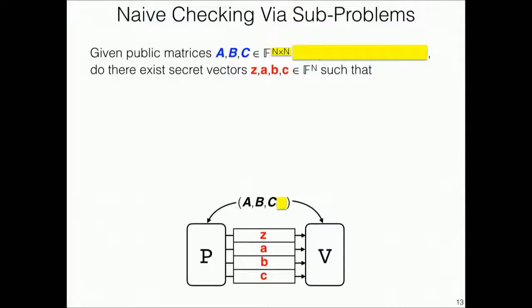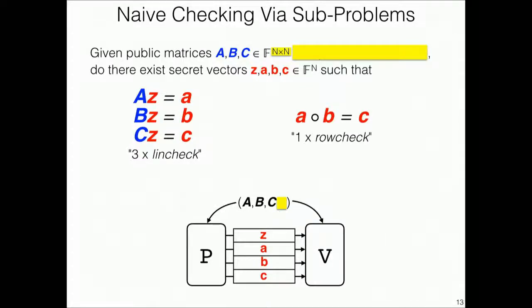Okay, let's try to make the problem simpler. Instead of thinking R1CS, let's think about various subproblems, each of which is simpler. Maybe we can solve each of these subproblems with a subprotocol that will let me communicate less information. So what if I were to send you, instead of just Z, also A, B, and C, and then you, as a verifier, check that A, B, and C are the correct linear transformations of Z, and that, given that they are the correct linear transformations, they satisfy this coordinate-wise product.